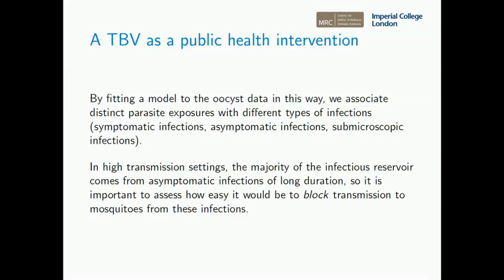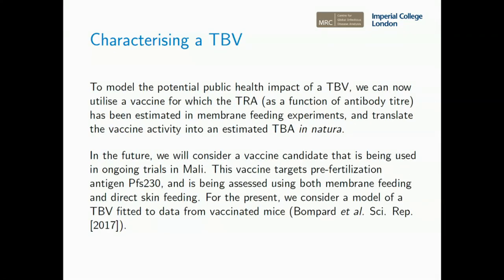So to assess how a transmission blocking vaccine might work, you need to assess how feasible it is to block transmission events from these infections. Okay, so with those parasite exposures, if we know a vaccine's TRA in the lab, we can start to translate that into an estimated TBA in natural infection events.